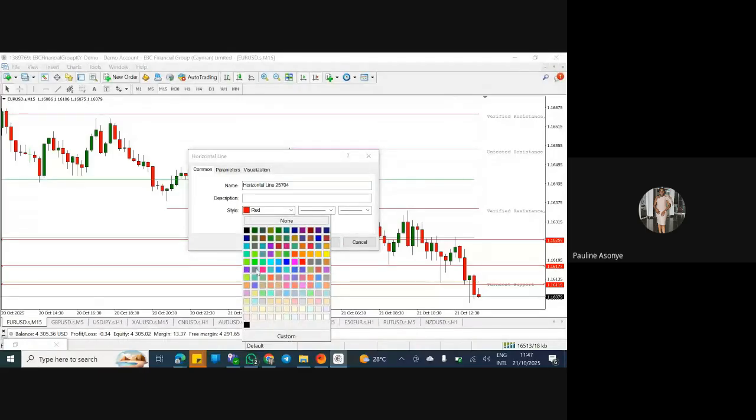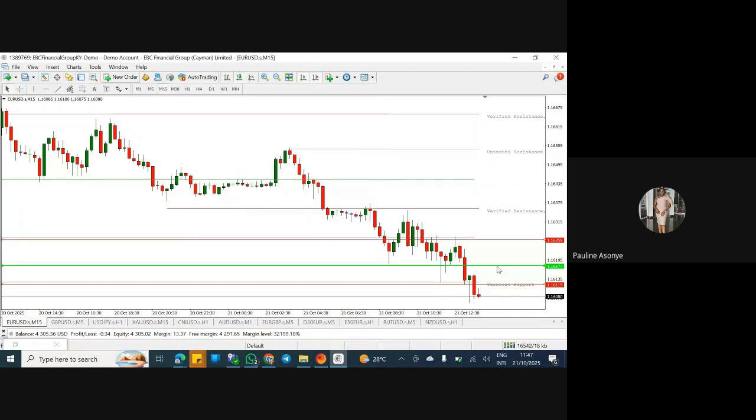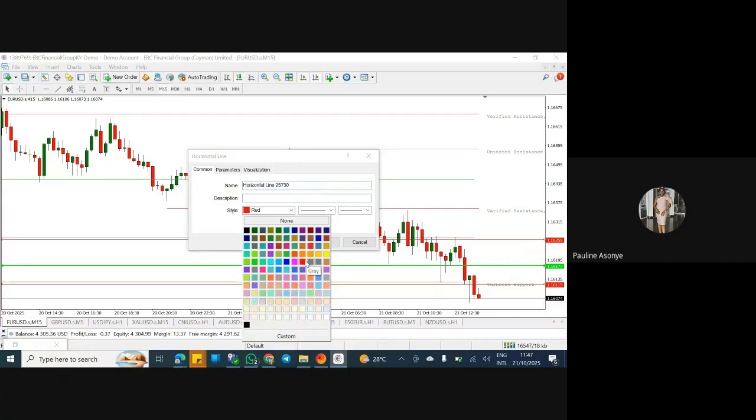I like to put my buy on green. My entry price, I like to put it on green. Let me make this line thicker so that we can all be seeing it clearly. So I've modified my color to green. Now, I want to change the rest. My stop loss, I don't like to leave it at red. Red is for my sell, either sell trade, sell limit, sell stop.